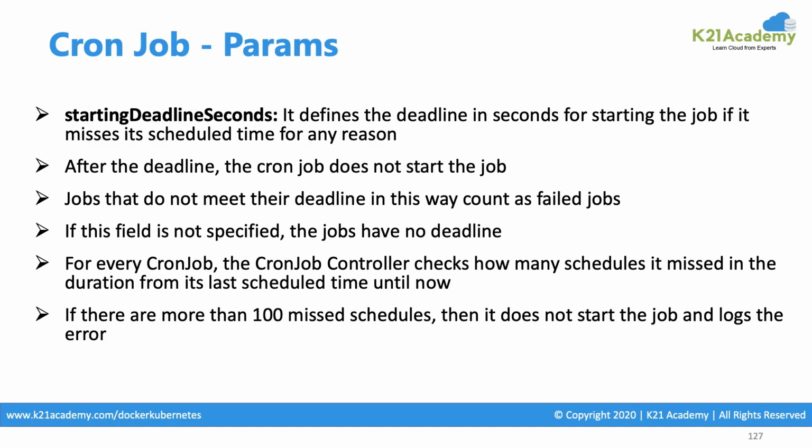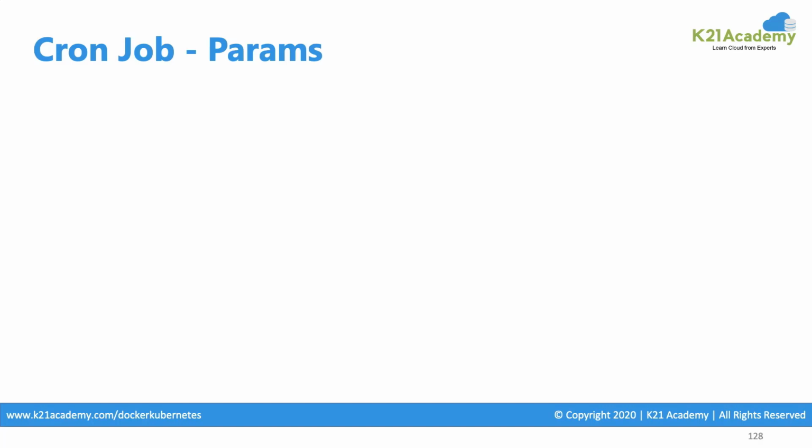And unless you have 100 missed schedules, it will try to rerun the task in the next execution or next scheduled time. But if I have missed 100 schedules, 100 times I have missed to schedule the job, it will not start the job. Rather, it will mark it as failed and it will log the errors.